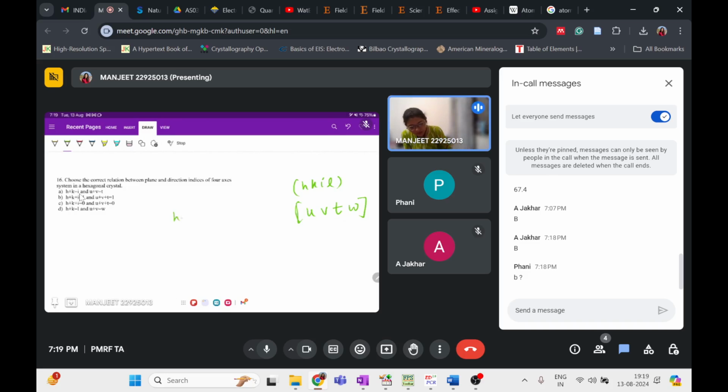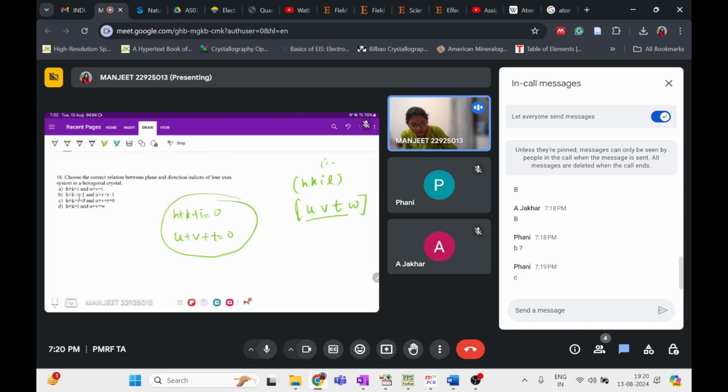For this one, H plus K plus I should be equal to 0, and for the direction, U plus V plus T is equal to 0. This is possible because we define I as minus of H plus K, and T as minus of U plus V. Also, just remember the notation for the 3-axis system and the 4-axis system.